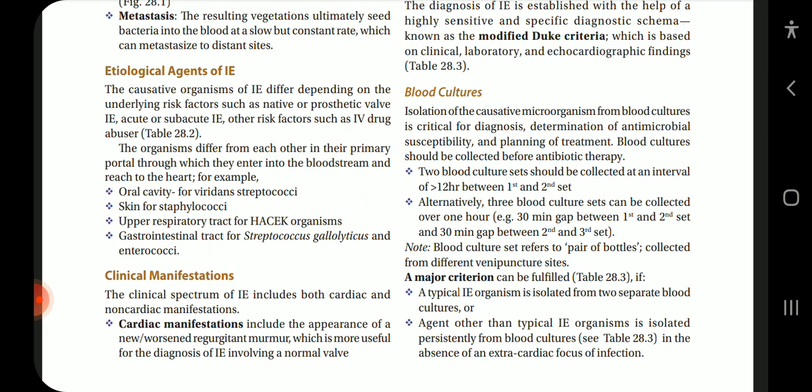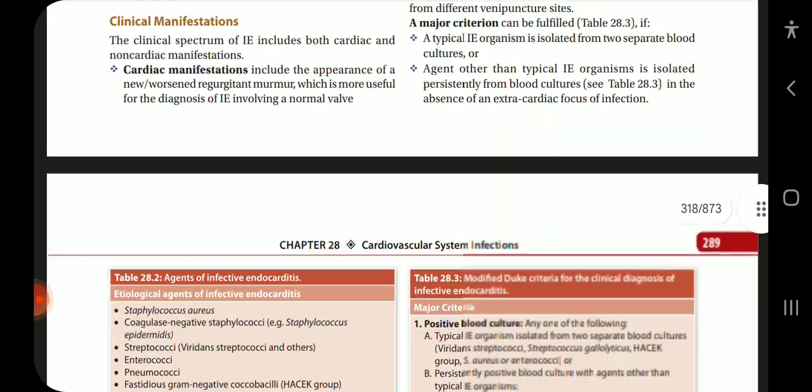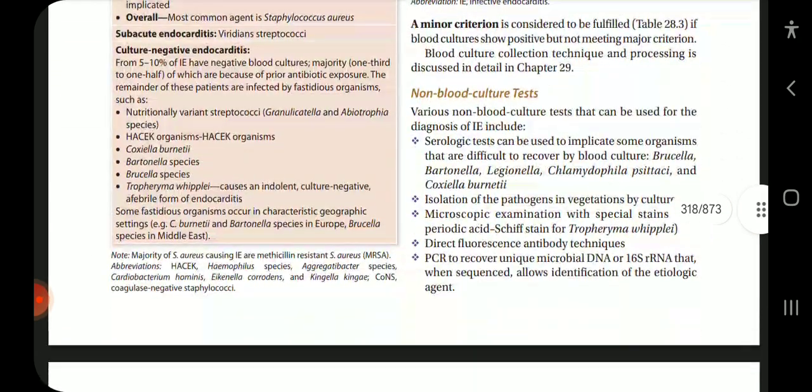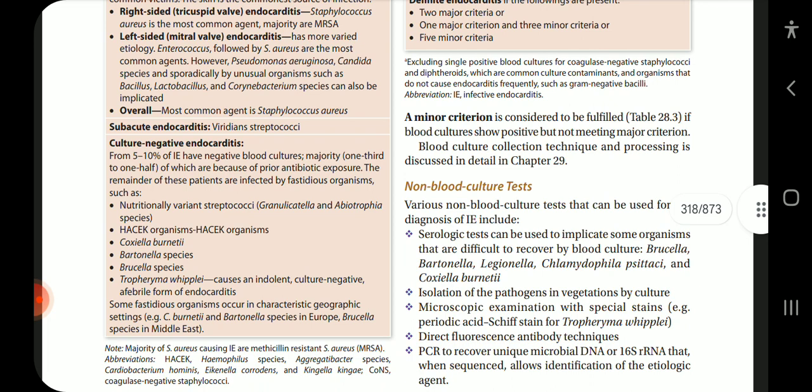The major criteria can be fulfilled if a typical infective endocarditis organism is isolated from two separate blood cultures, or an agent other than a typical infective endocarditis organism is isolated persistently from blood cultures in the absence of an extracardiac focus of infection. A minor criterion is considered fulfilled if the blood culture is positive but does not meet a major criterion. Blood culture collection technique and processing will be discussed further.